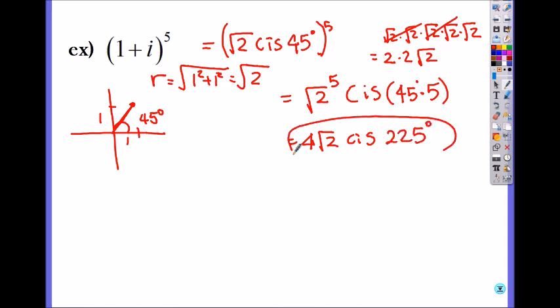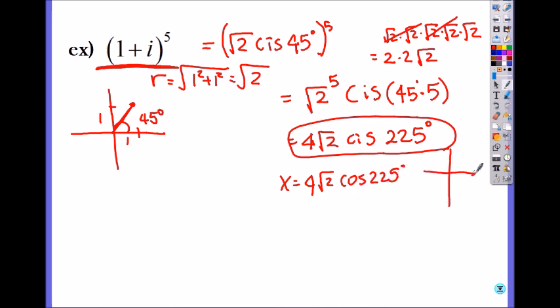So this is in polar form, but what was the original question given with? Rectangular form, so you have to put it back in rectangular form. So what's a rectangular form? You have to find x, which is 4 root 2 cosine of 225. So where's 225? Here, right?